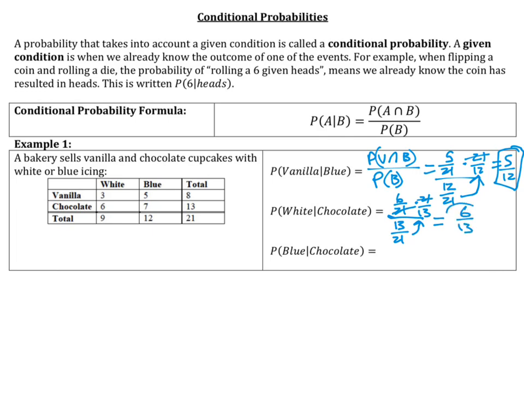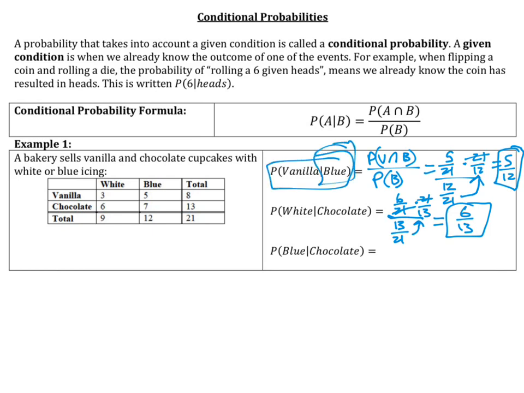Now that we've done a couple of these, I wanted to hopefully get you to notice that our probabilities had just been: look at the number that are chocolate and how many are white. You got 13 chocolate. How many are white? You got 6. 6 out of 13 are white. This one here, how many are blue?